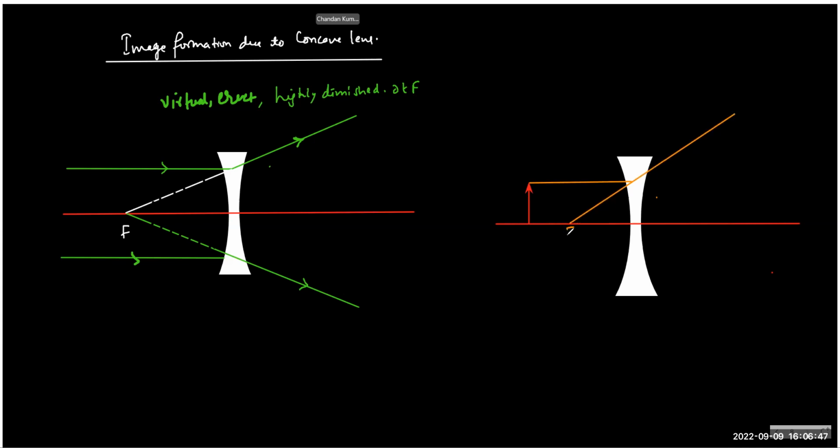F, right? Is this clear? And the other light ray, if I choose it passing through the optical center, will pass undeviated, right?